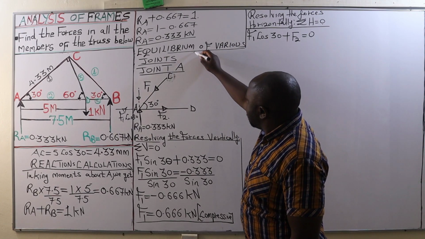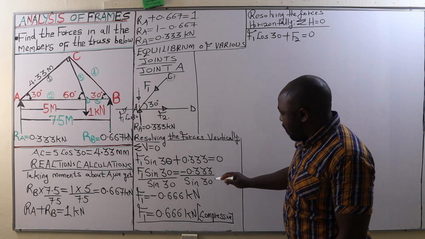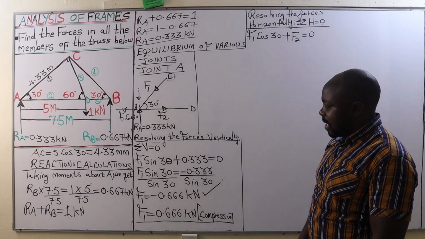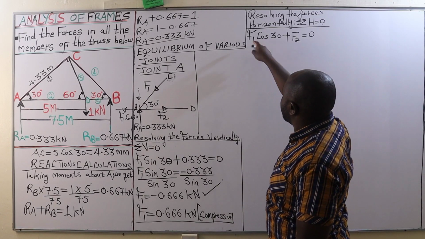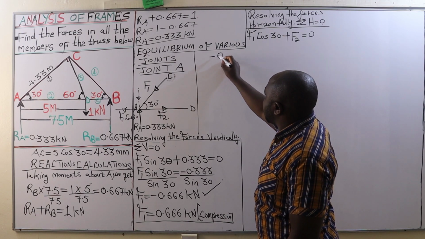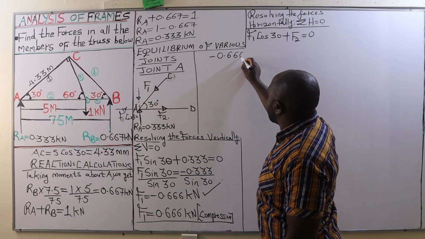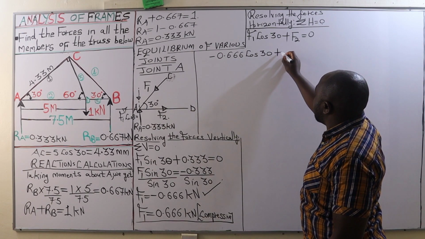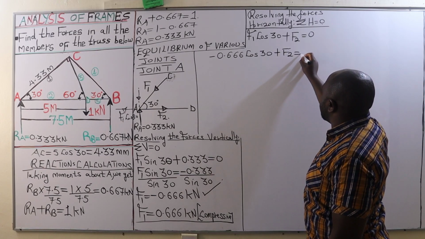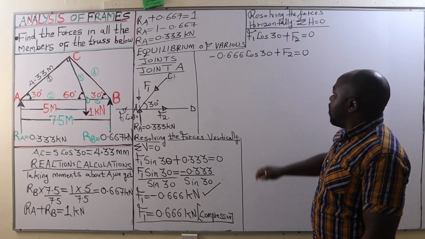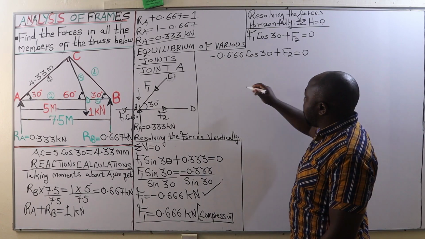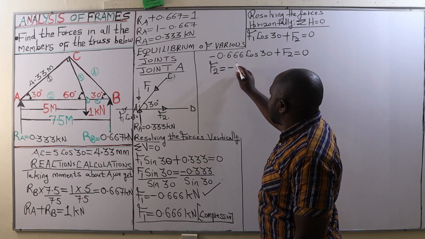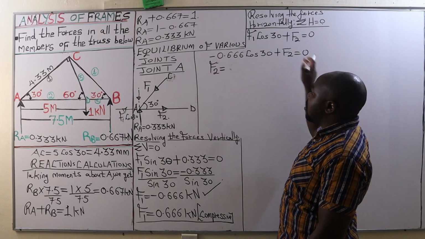Now, at this point, we have the value of the force F1, which is negative 0.666. Substituting here, we have negative 0.666 cos 30 plus F2 is equal to 0. Taking this to the other side of the equal sign, the negative changes to positive.